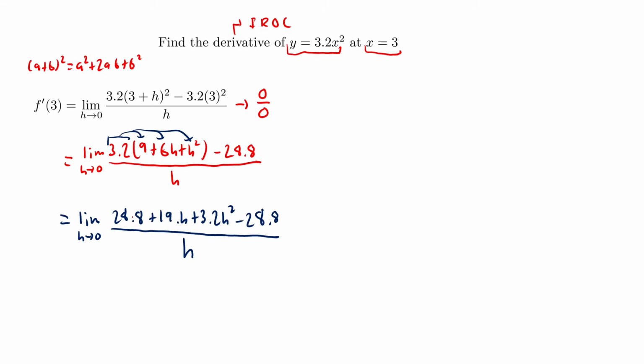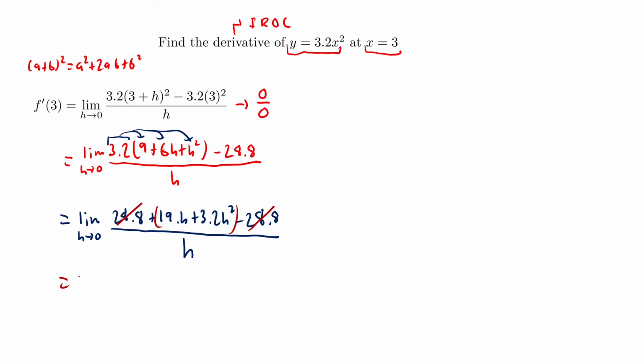The one thing that you'll notice here is that the 28.8 is actually going to cancel with the negative 28.8 there. And that's actually a very nice thing because now in the numerator we have a whole bunch of terms with h's, and we can actually just factor out the h from these two terms.